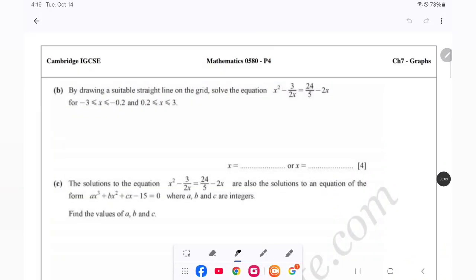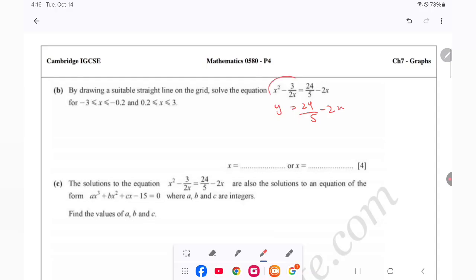In part B, by drawing a suitable straight line on the grid, solve the equation for x greater than or equal to -3 and less than or equal to -0.2, and for 0.2 less than or equal to x less than or equal to 3. We know from the given question 29 that y equals 24 over 5 minus 2x.